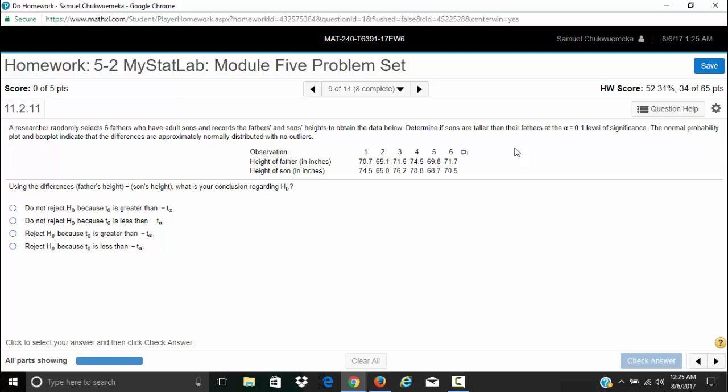Mu2 greater than mu1 means that mu1 is less than mu2, so mu1 minus mu2 is less than 0, because mu1 has to come first, folks.